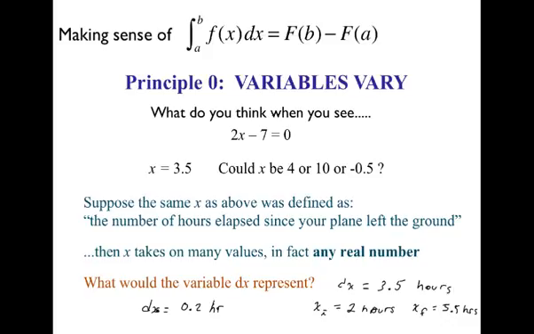Okay, so 0.2 hours. So if we were 0.7 hours into the flight, and then dx was 0.2 hours, that would be the time duration from 0.7 hours into the flight to 0.9 hours into the flight.